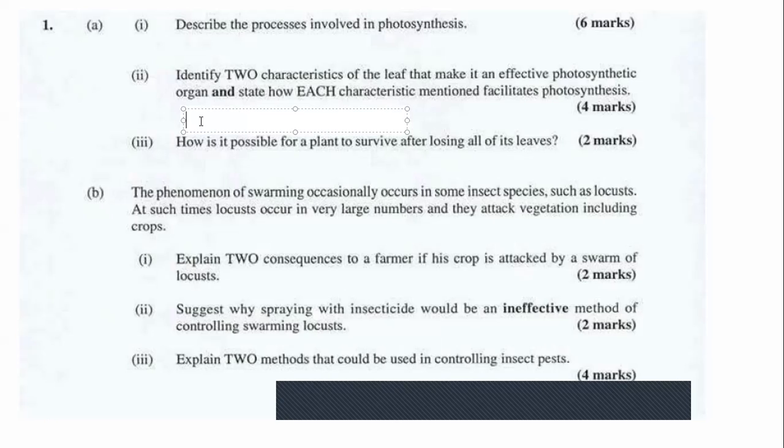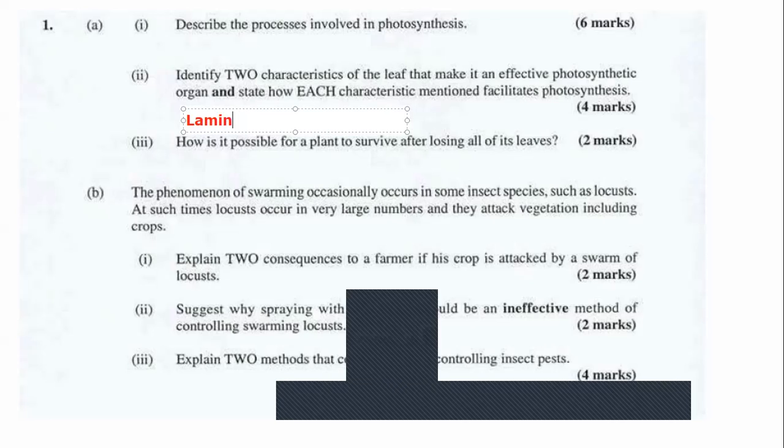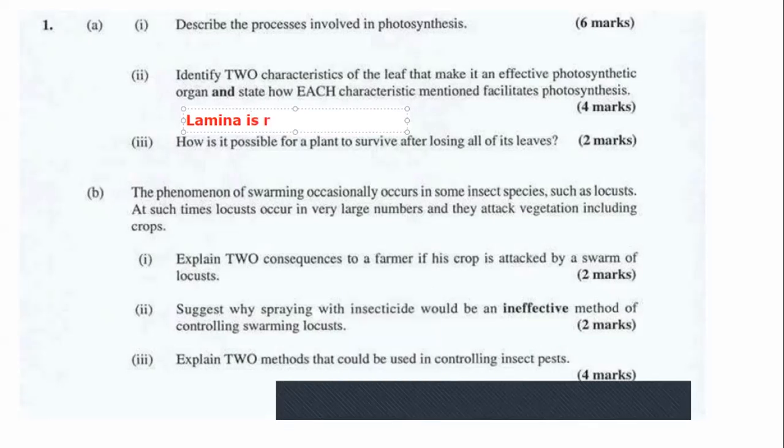What is broad and thin? What parts of the leaf? The lamina. The lamina is broad. The waxy cuticle, does that count?